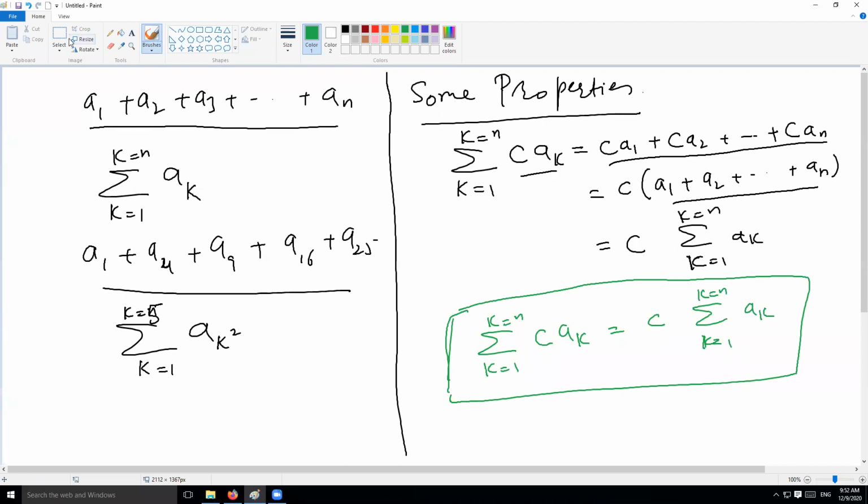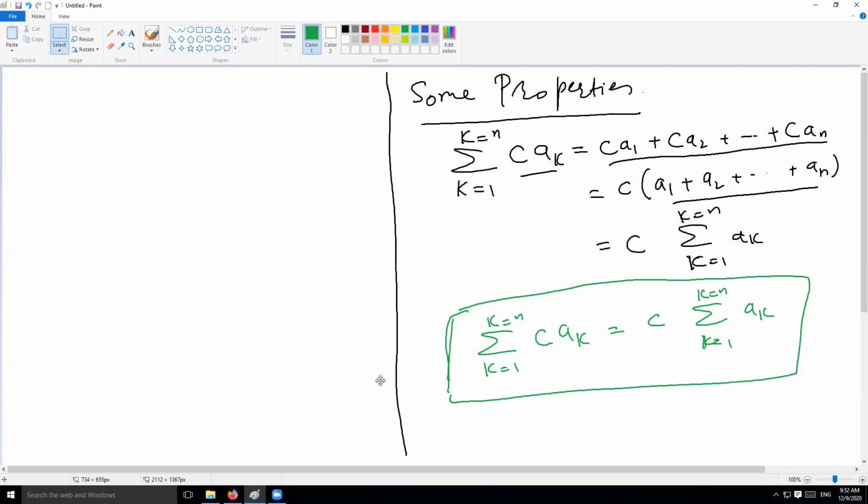Now, what would be the benefits out of it? There are going to be plenty of very interesting benefits out of it. For example, if I ask you what would be the sum from K equal to 1 to K equal to, say, 100 of 3K square?